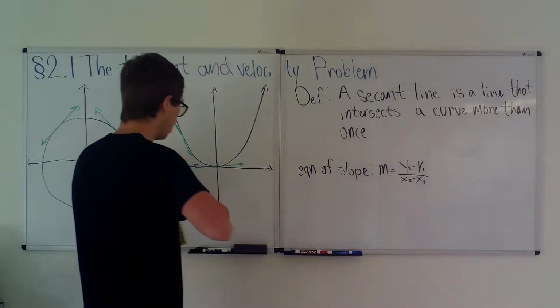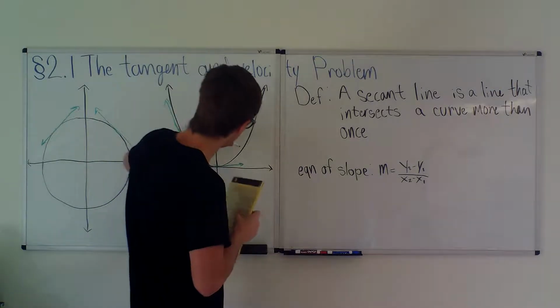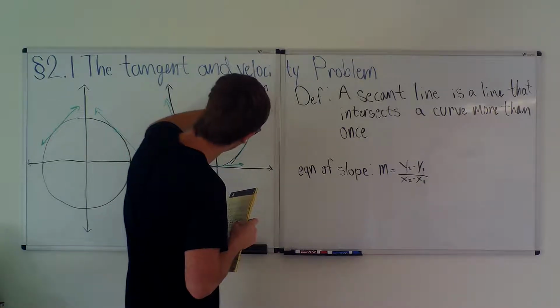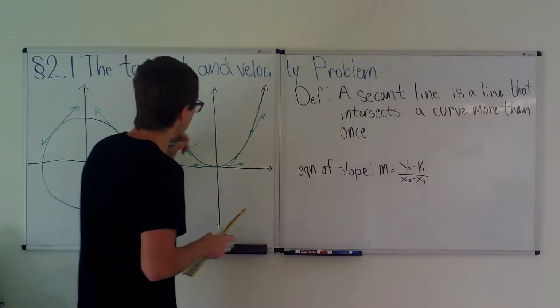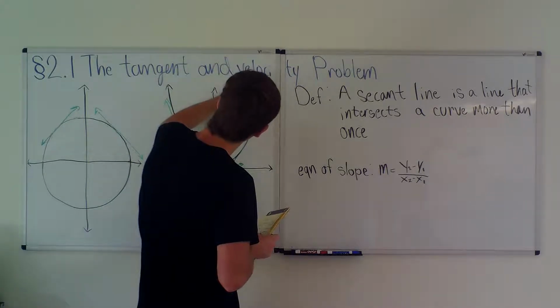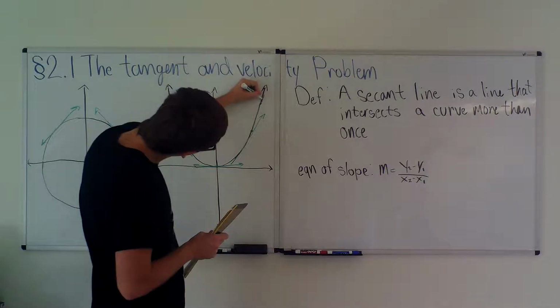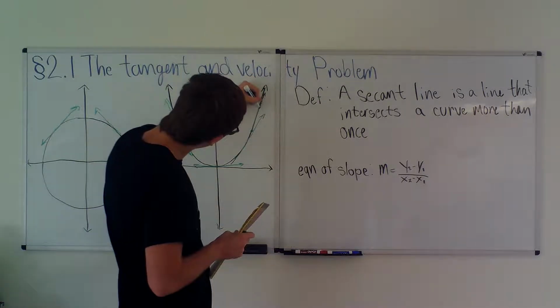So a secant line to this curve, if it was like here and here, it would look like this. These points are very close together, so it's almost a tangent line.